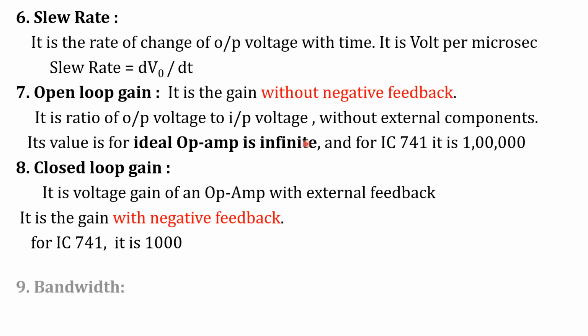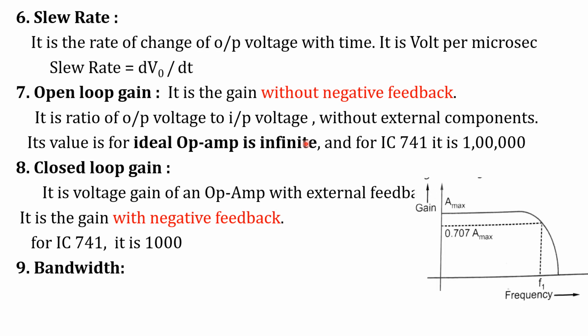The next parameter is bandwidth, which we determine from the frequency response curve. We know the operational amplifier amplifies both AC and DC signals. Therefore, we explain this term by using the frequency response curve. It is the variation of voltage gain of the operational amplifier with the frequency of the input signal.